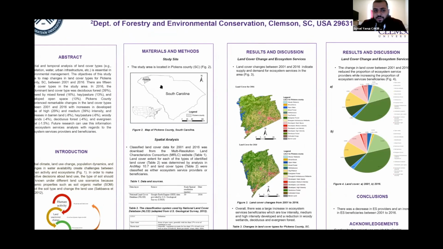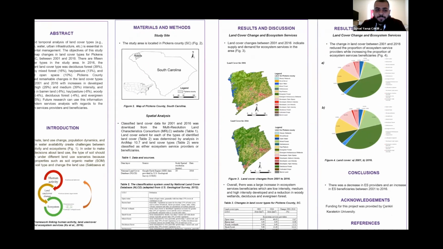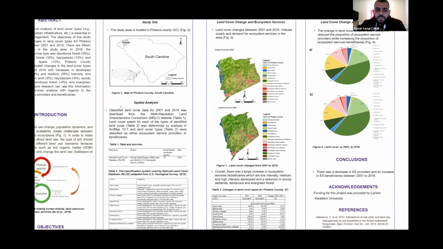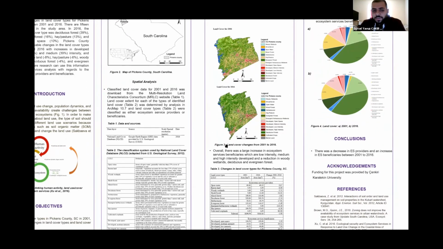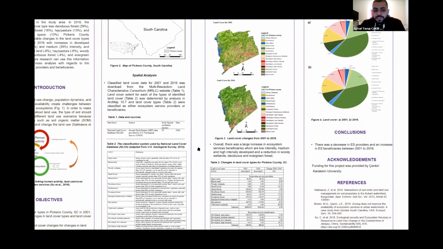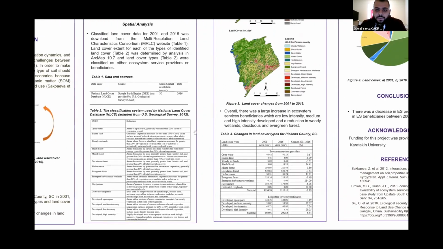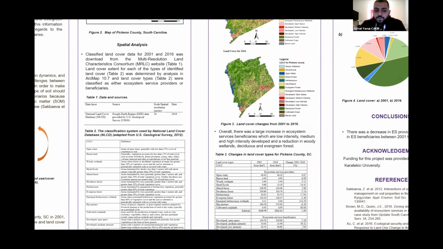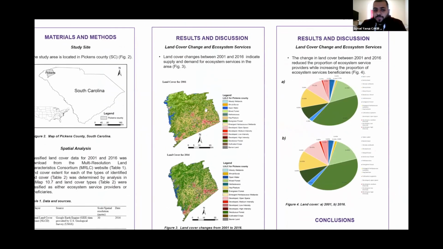Here is my study area in Pickens County, South Carolina, and classified land cover data for 2001 and 2016 from MRLC. And here is the definition of the land cover types. I studied land cover types in ArcMap, ArcGIS.